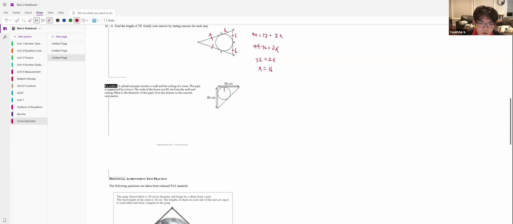Point of tangency is 90 degrees. So these two are the same. This is the same. This is the same. Two ticks there to indicate that's a different length.